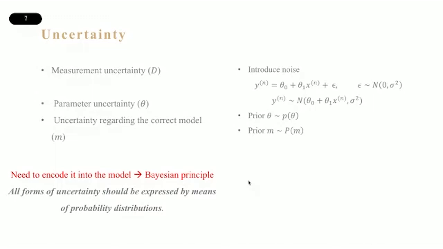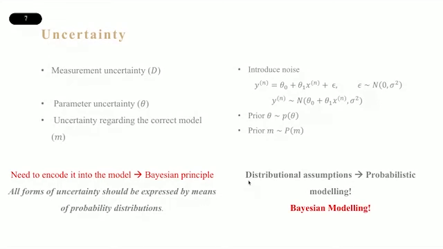And finally, I define a probability distribution over the model itself to account for the uncertainty whether the model is adequate enough to explain the data or not. In short, what I did in the Bayesian principle way is that we assumed distributions over every unknown parameter. And this is exactly the probabilistic modeling, or else, the Bayesian probabilistic modeling.